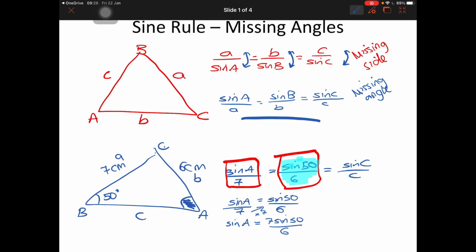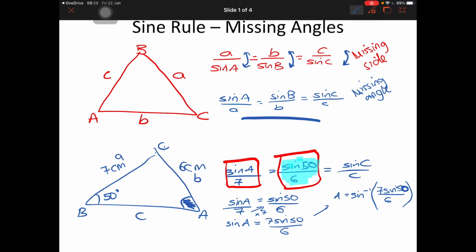Hopefully, after we looked at trigonometry, our little recap lesson, we know that if sine A equals something, we can find A by doing the inverse sine. So effectively we inverse sine both sides. So we will have sine to the minus 1 of 7 sine 50 over 6.